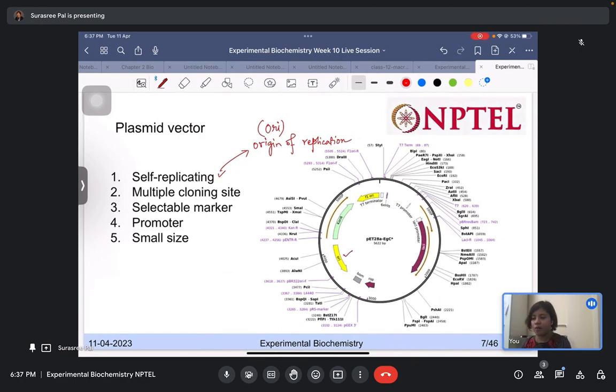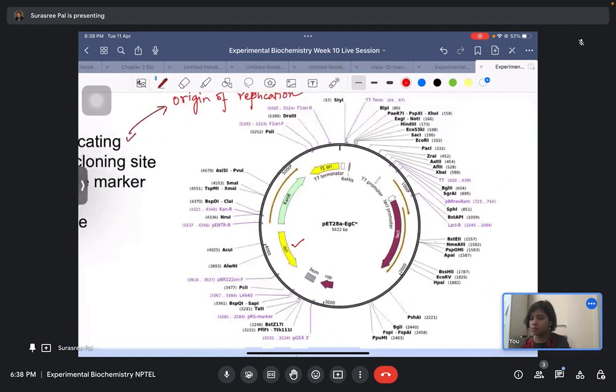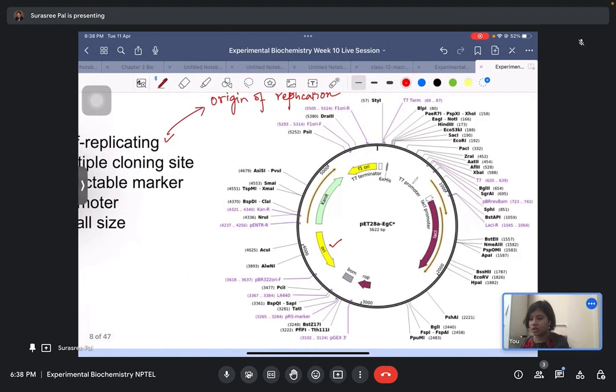This is the map of a plasmid, a particular recombinant plasmid. This plasmid is not naturally available in bacteria, but is generated and manipulated in the lab for some particular experiments. If you see in detail, this particular yellow sequence shown here is the origin of replication.